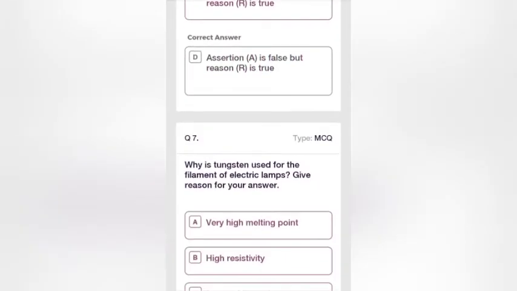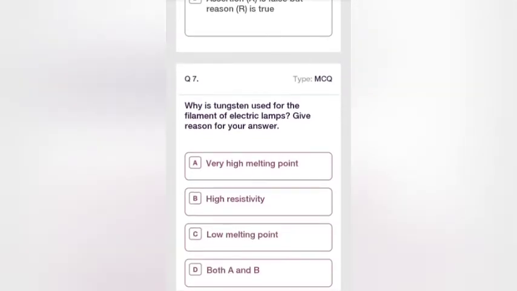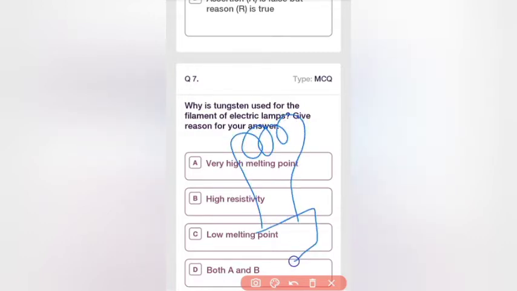Why is tungsten used for filament of electric lamp? What may be the reason? See, we know the tungsten filament used in the electric bulb has a very high melting point, because at a high temperature it will glow, the light will glow.